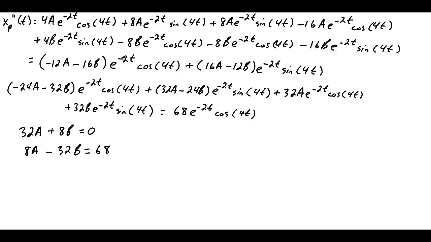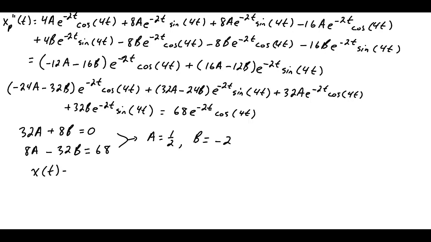And we can solve this by substitution or elimination to see that a will be equal to 1/2, b will be equal to -2. So this gives us an equation of this.